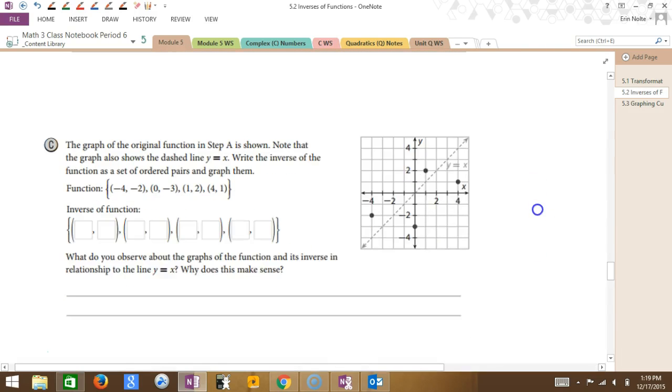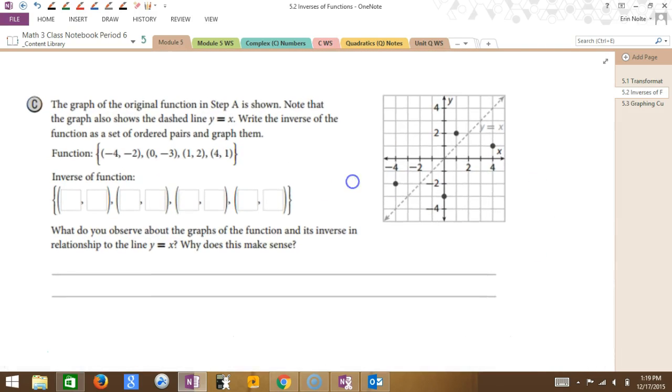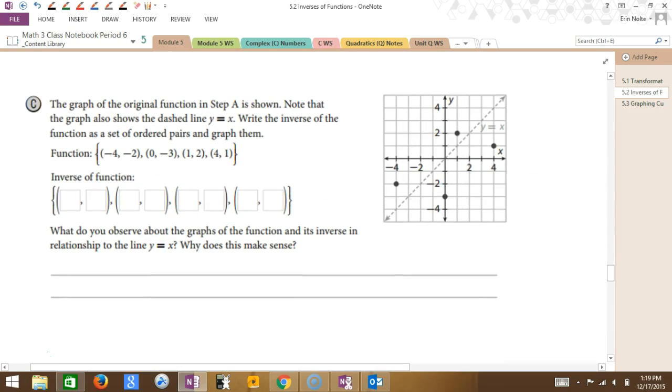Too hard? I know. Okay, so this little example is a good one because it makes you take a look at the graph of what happens to inverses. I'm going to start by labeling these points. I'm going to say that this first one is A, B, C, and D. So if I have A, B, C, and D, and connect the dots, I think this might be slightly easier to see.